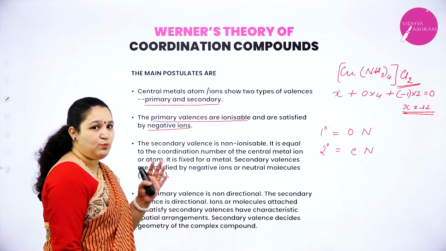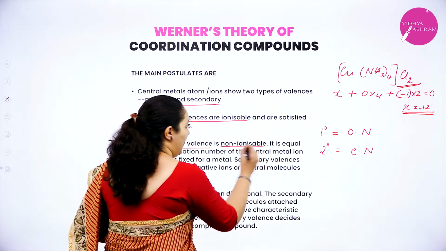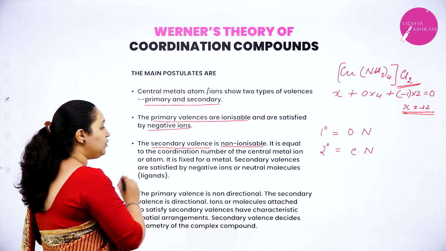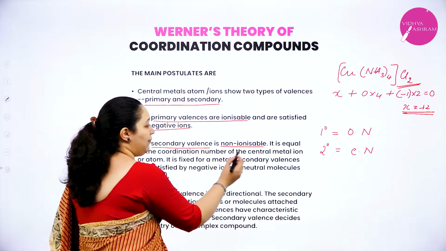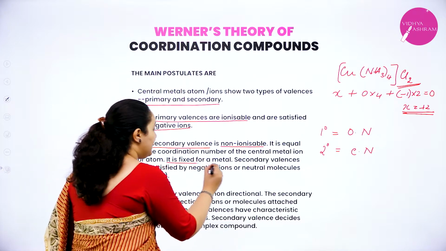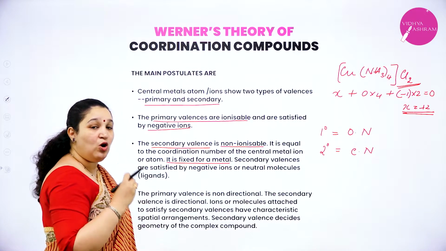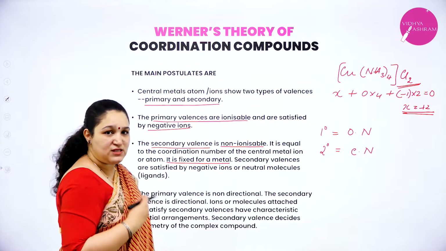The next postulate is that the secondary valency is non-ionizable. It is equal to the coordination number of the central metal ion. It is fixed for a metal. For a particular metal, the coordination number is fixed.